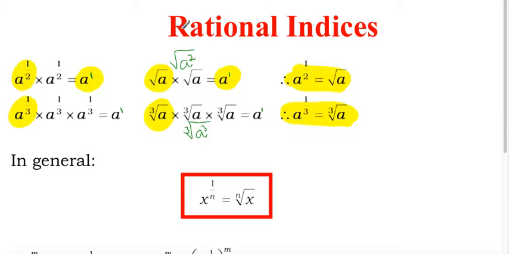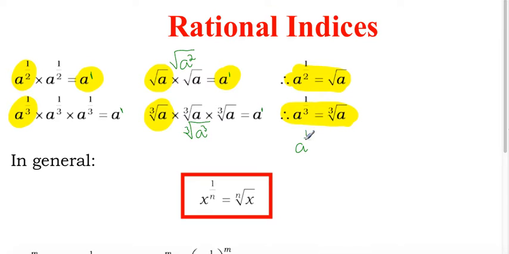We could keep going with whatever to the power of a quarter, 1/5, etc. We find the same thing. Notice each time, our fraction is always 1 over a number. So if it's a to the 1/2, we get square root. If it's a to the 1/3, we have cube root.